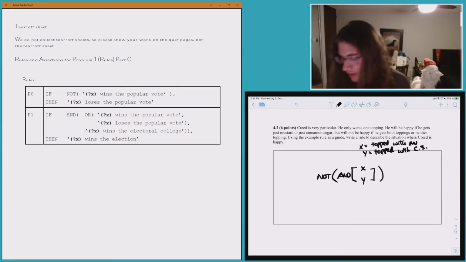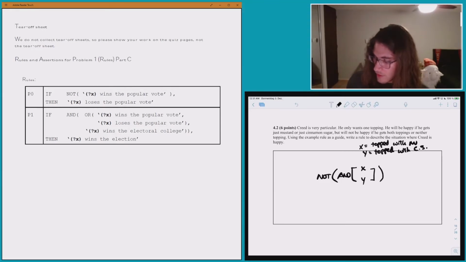So what I'm saying here is that both topped with mustard and topped with chocolate sauce are not in the list of assertions at the same time. So either of them could be there if the other one isn't, because then the AND would be false and the NOT would make it true, saying they are not both in the list of assertions. So that part is covered.